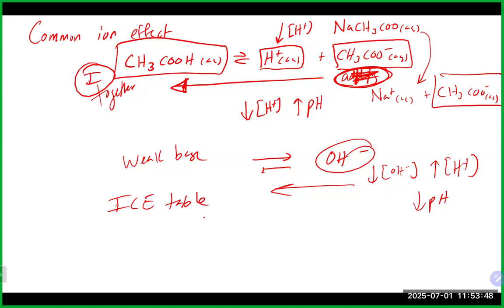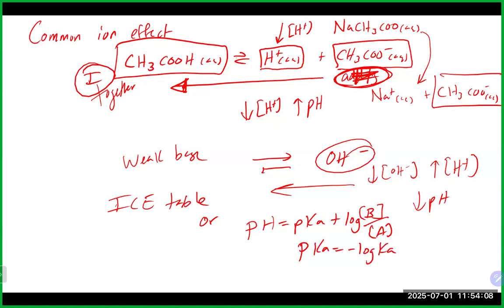The other way, if it is a common ion or a buffer situation, is you could use the Henderson-Hasselbalch equation, which is pH equals pKa plus the log of the concentration of the base over the acid, where the pKa value is negative log of the Ka value.